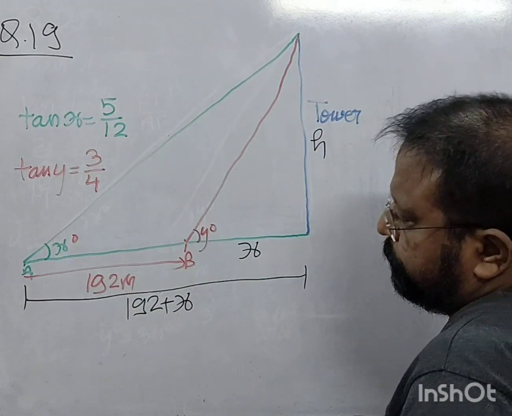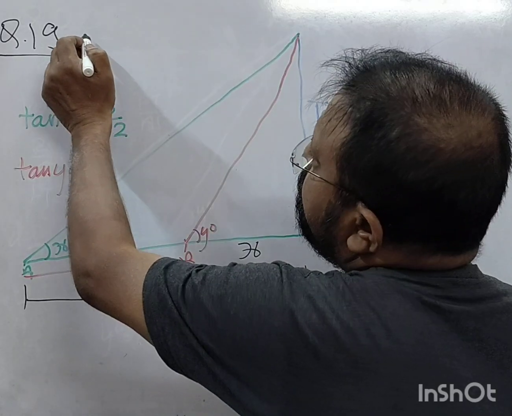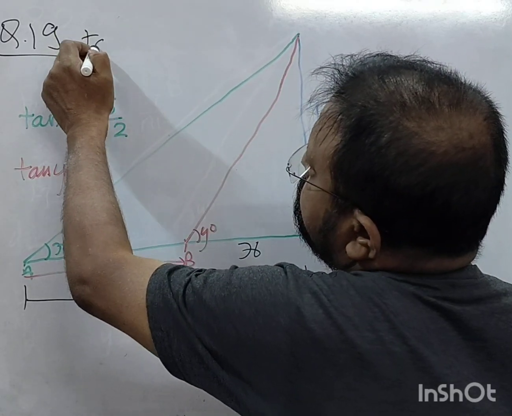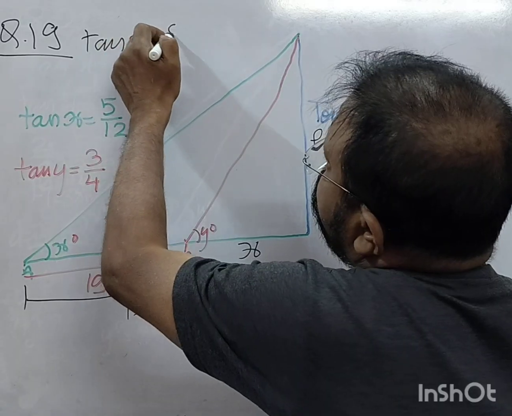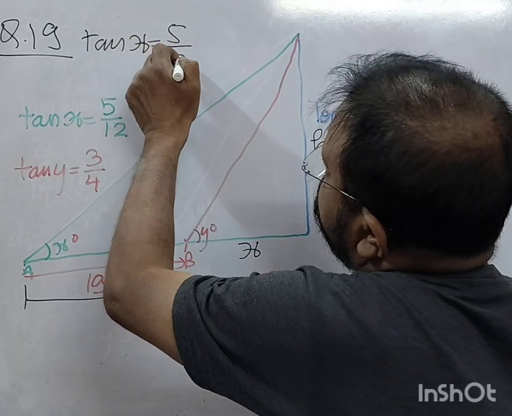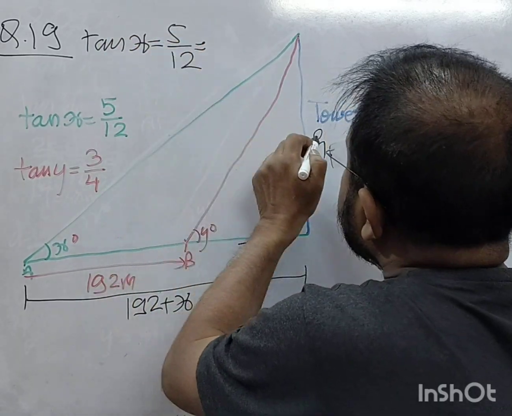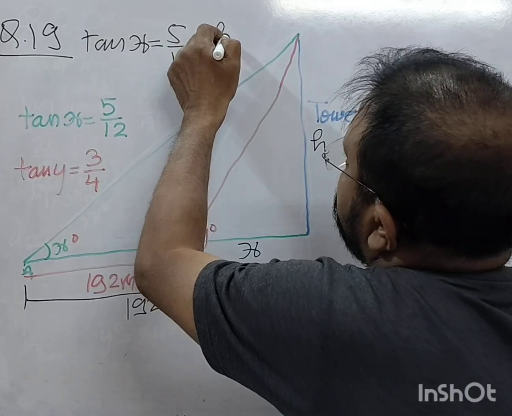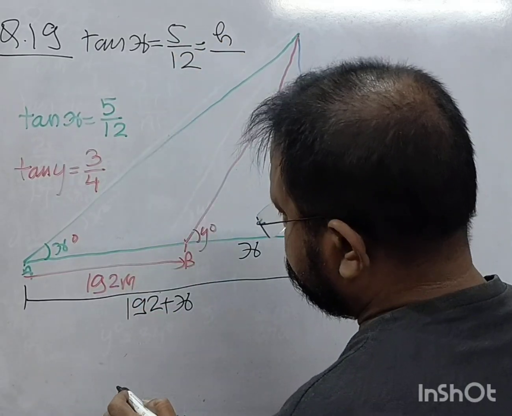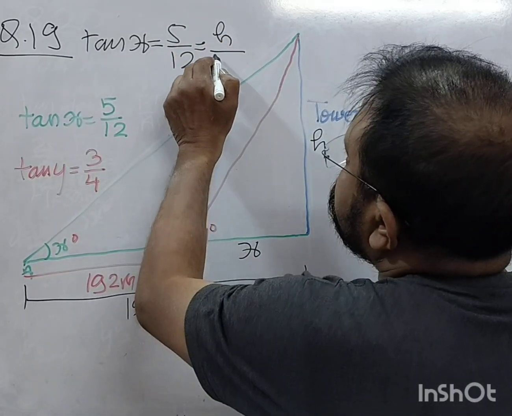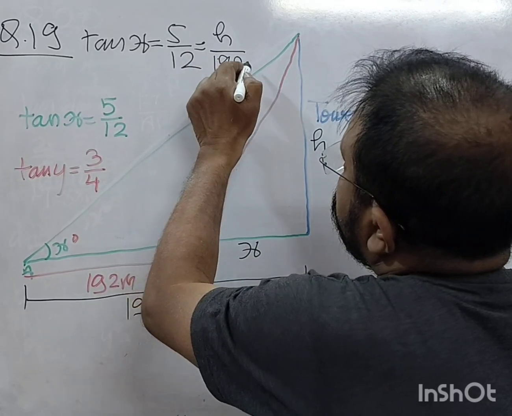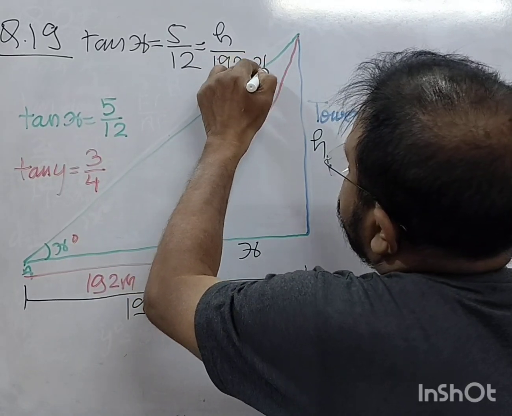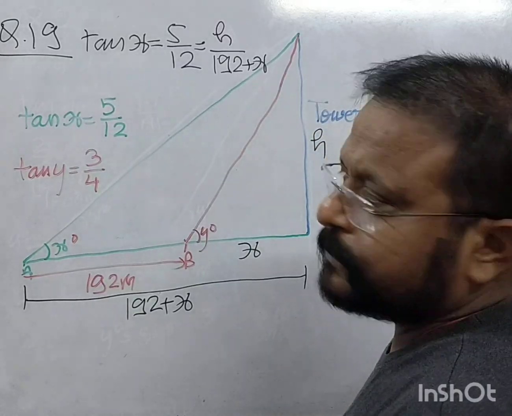So when we take tan x is equal to 5 by 12, it means h upon 192 plus x, right?